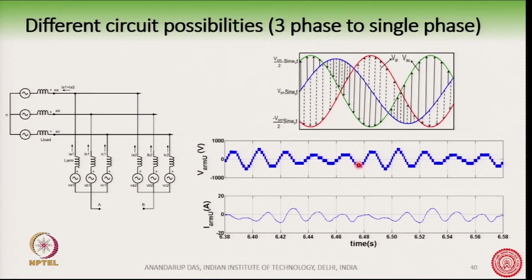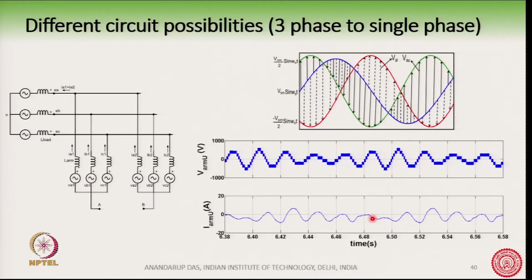Now, the arm voltage has both AC components, with no DC component, one at 50 hertz and one at 60 hertz, for example. The arm currents will also have a similar feature.